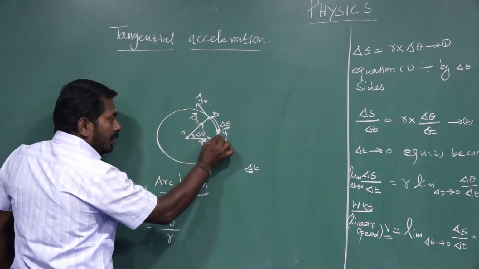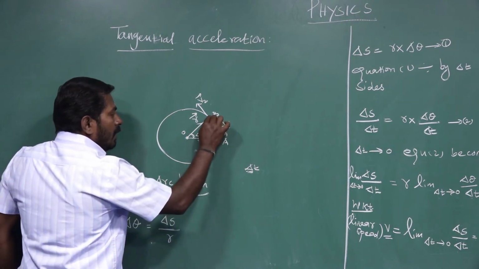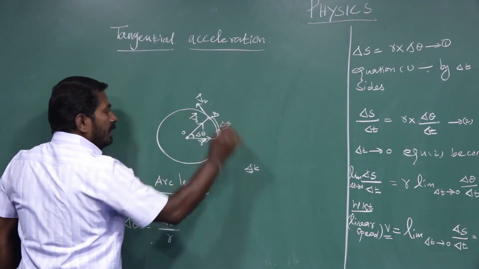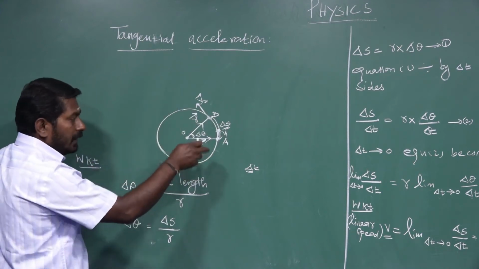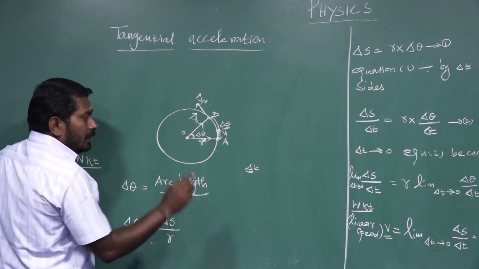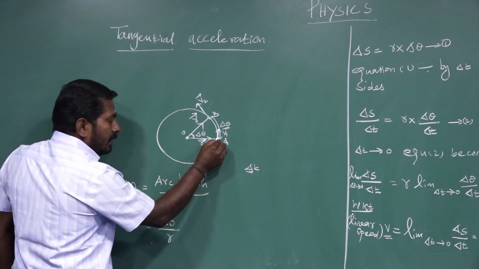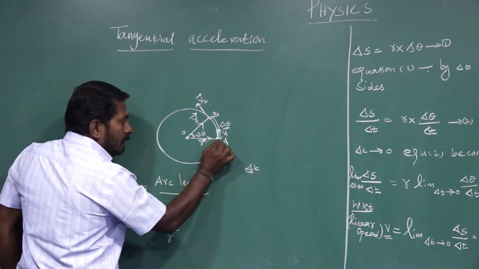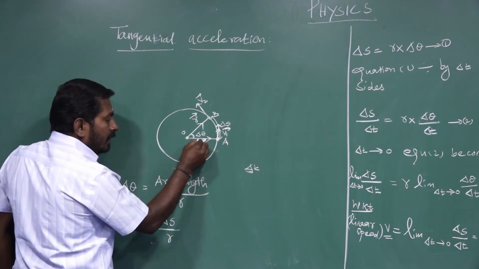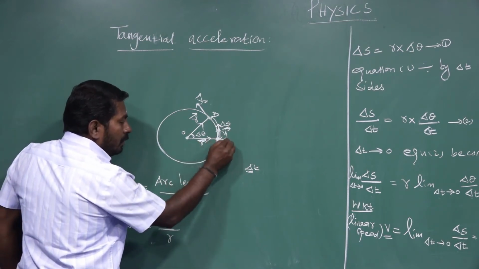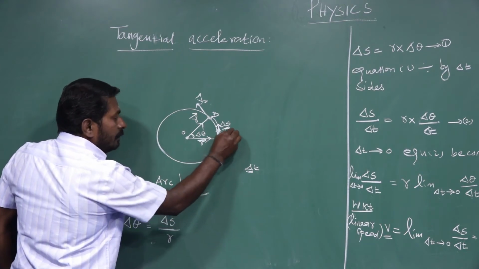The direction of linear velocity continuously changes at every point on the circular path. See at point A, the direction of linear velocity v1 vector and the position vector r vector both act at right angles to each other.